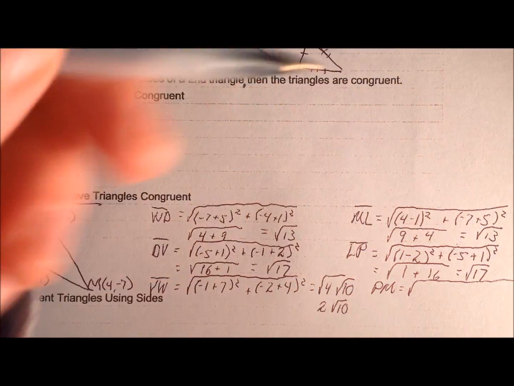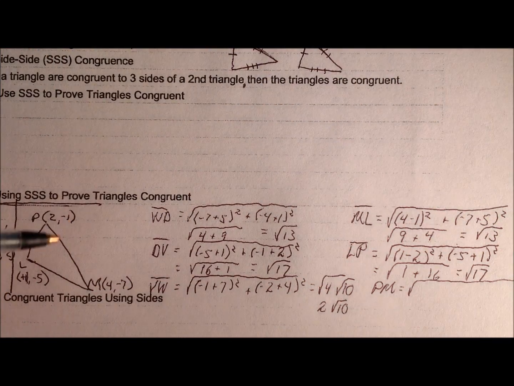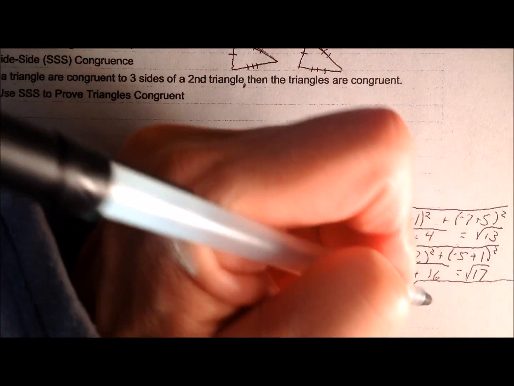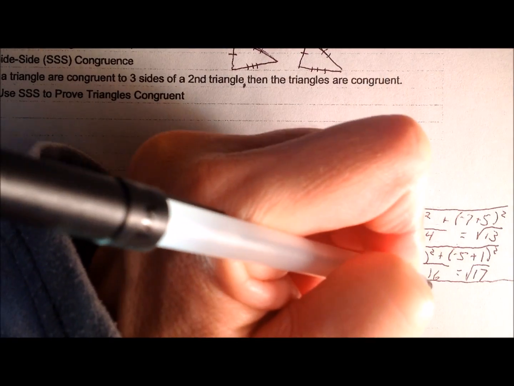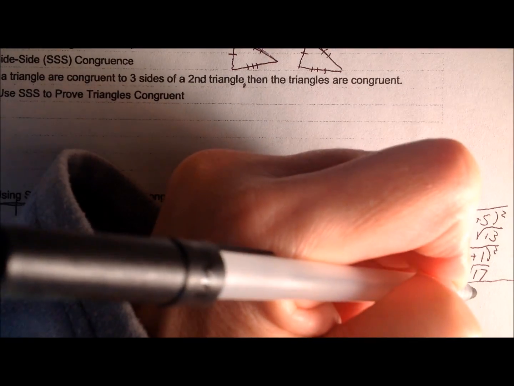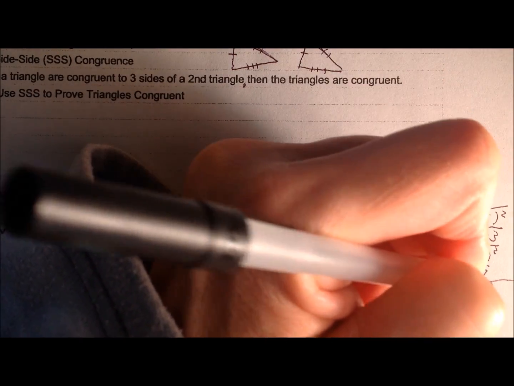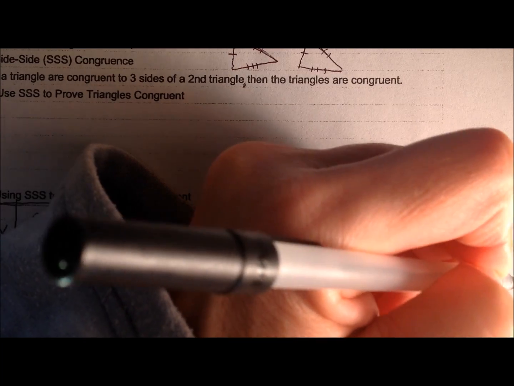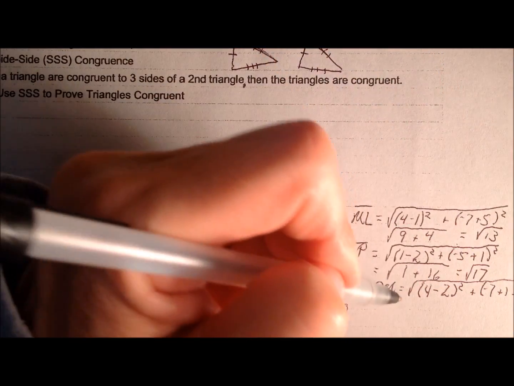We'll get the distance formula radical sign in there, and we have P, which has coordinates of 2, -1, and M, which has coordinates of 4, -7. We'll substitute those in. So that gives us 4 minus 2, squaring that, plus -7 plus 1, squaring that.